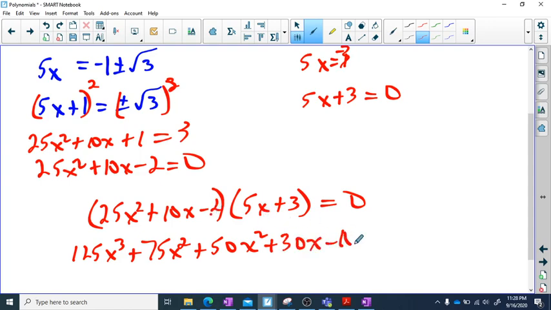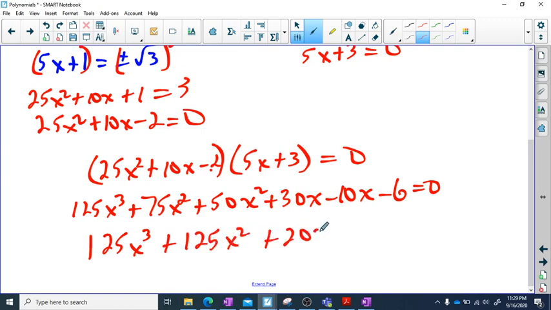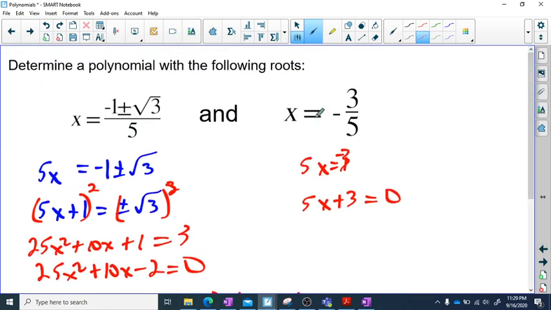Negative 2 times 5, negative 10x. Negative 2 times 3 is negative 6. Now if I group this all together: 125x cubed plus 125x squared plus 20x minus 6 equals 0. There would be a polynomial equation that would give you these roots that you see here.